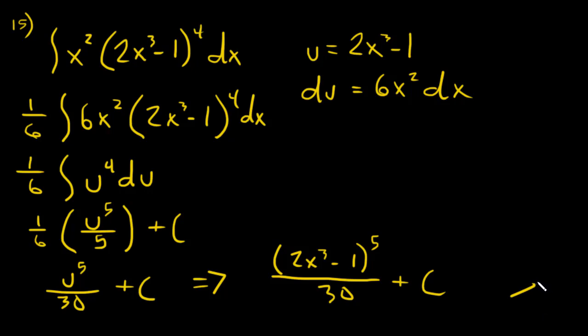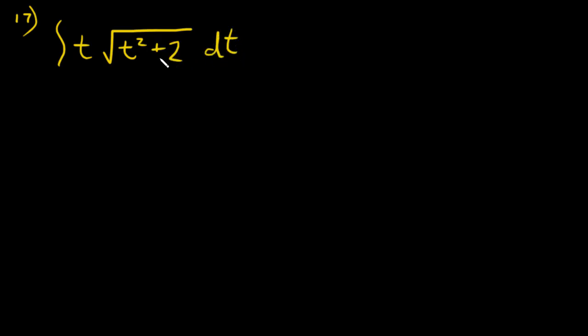Alrighty, so let me clear this and let's tackle another one. Number 17. So in this one we have the integral of t times root (t squared plus 2) dt. Okay? Again, I can't do a root du, so I know that my u has to be what's under the root.